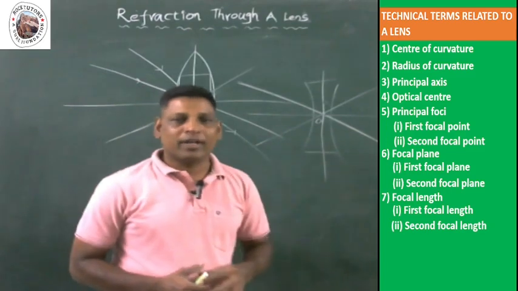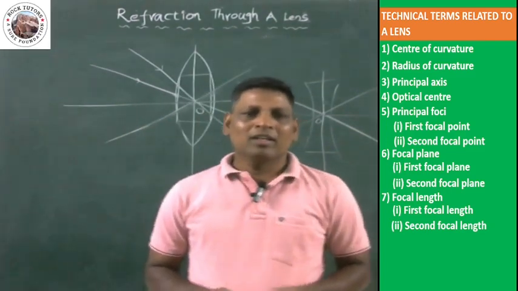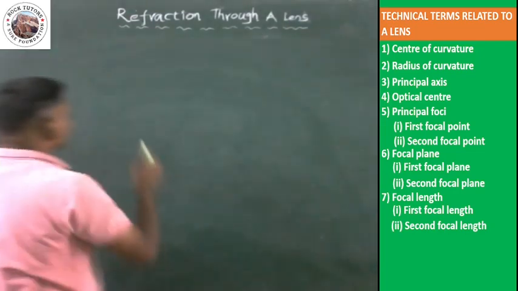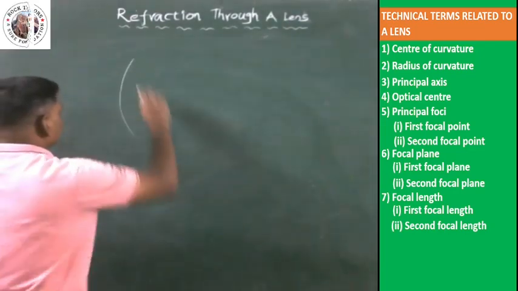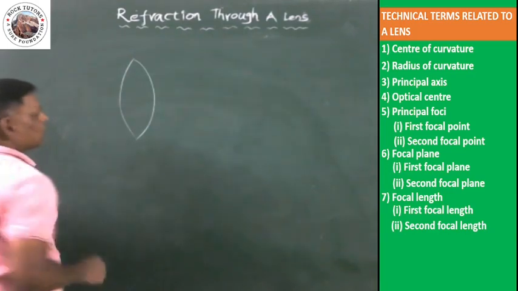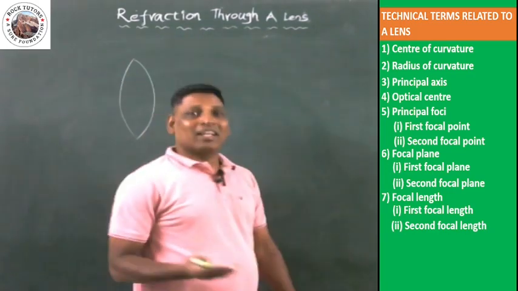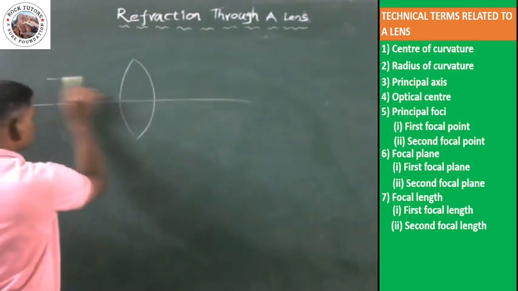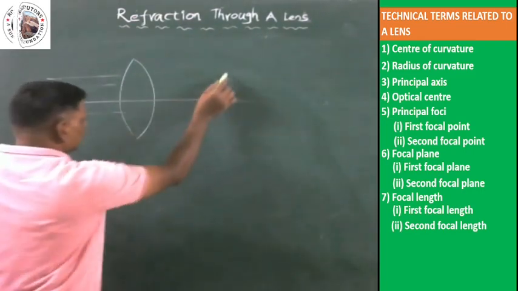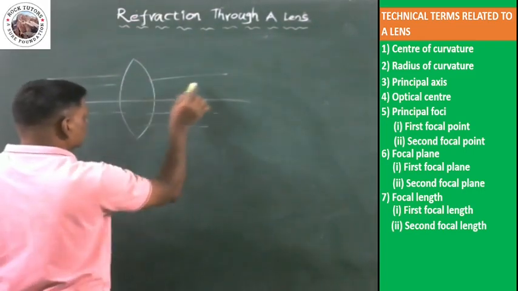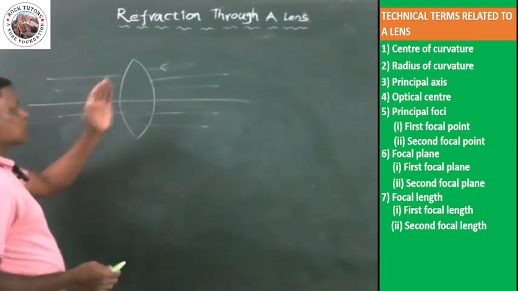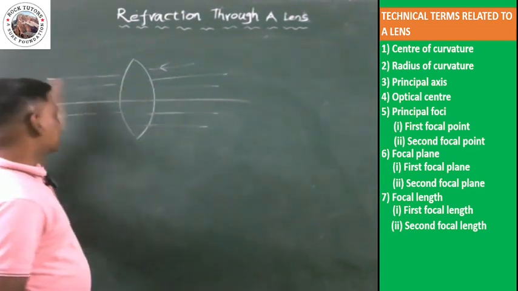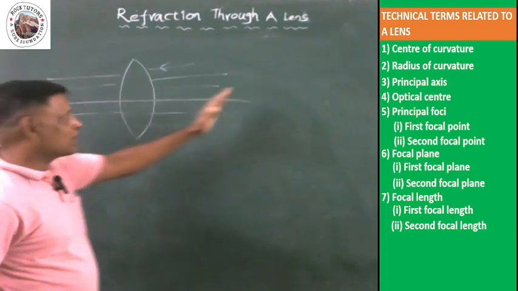Okay. Next point is principal foci. We know that this is a lens, and rays can be incident on both sides. Rays may come from this side, or maybe from this side.